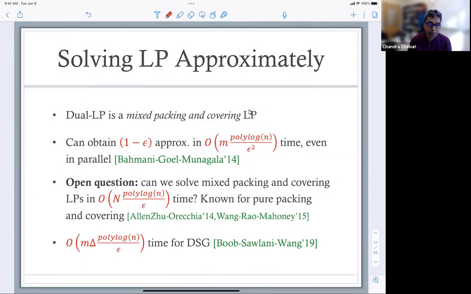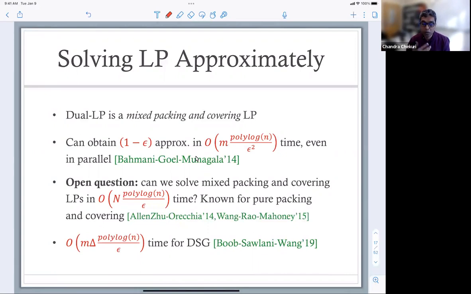In particular, using standard techniques with some variations, you can obtain a 1 minus epsilon approximation just by solving the LP using standard solvers in the literature, using multiplicative weight updates. And then people want to improve this because the epsilon squared dependence may not be so good.